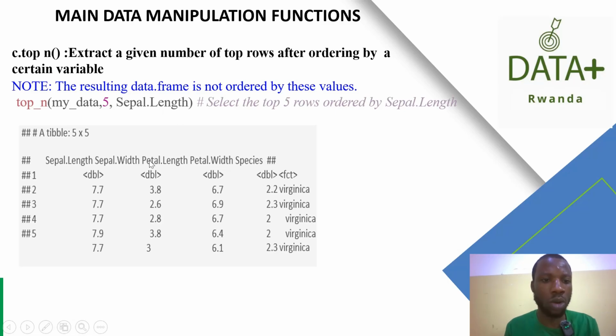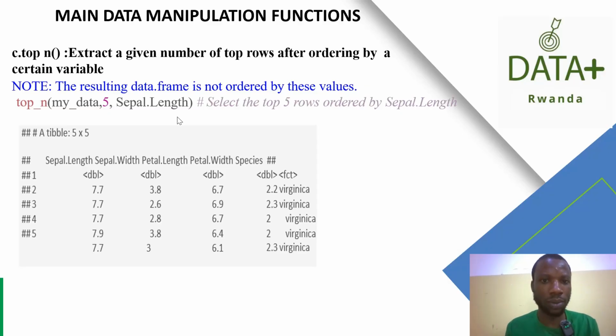If you look at the sepal.rem, you will see that we have the highest five observations, 7.7, 7.7. It is ordering from the highest. It is going to select them, making sure that it is the highest among the highest they can have. So that's what it means.